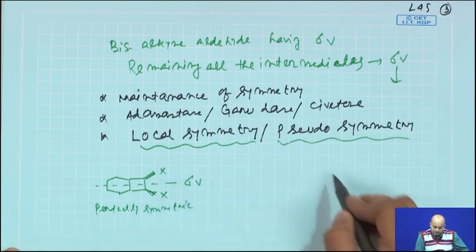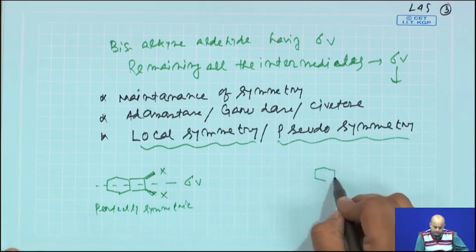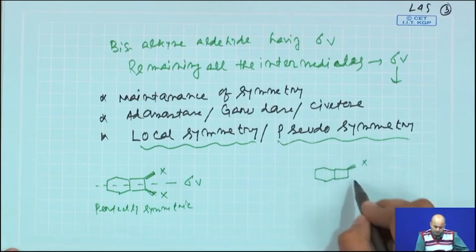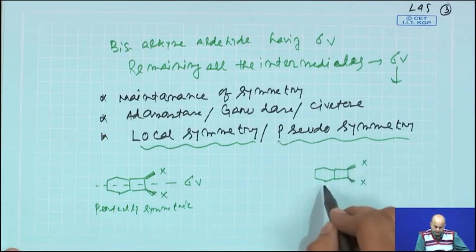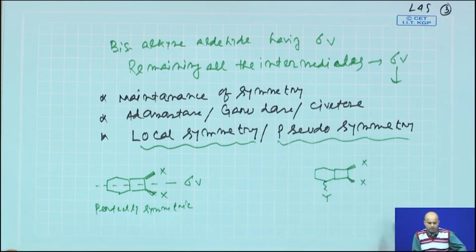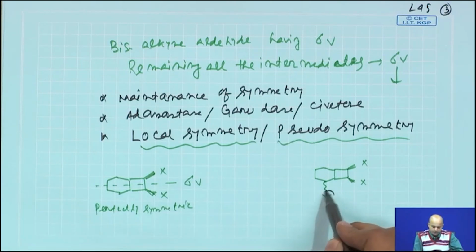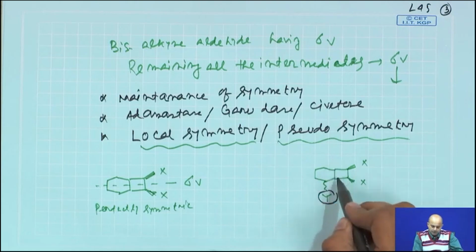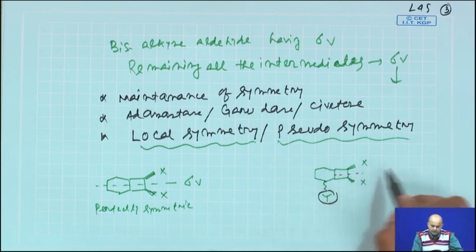Now, I am drawing another molecule, and if this cyclohexane part has a Y functionality, this molecule now does not have perfect symmetry, because the presence of this Y functional group makes the molecule not symmetrical, but still the cyclobutane part is symmetrical.